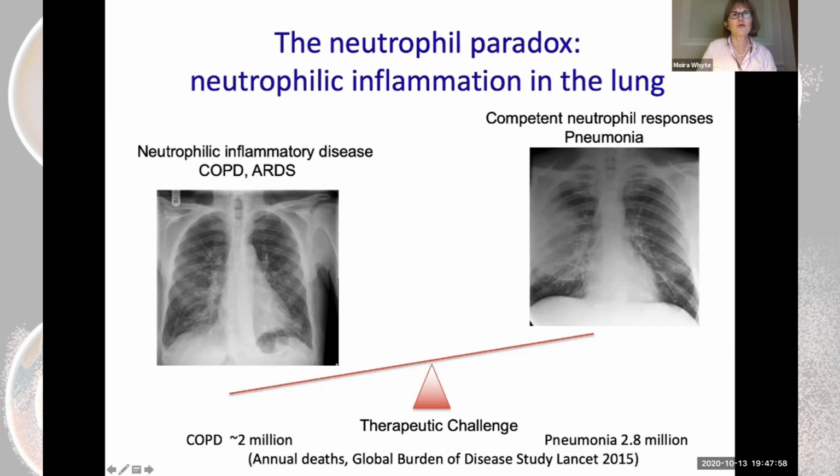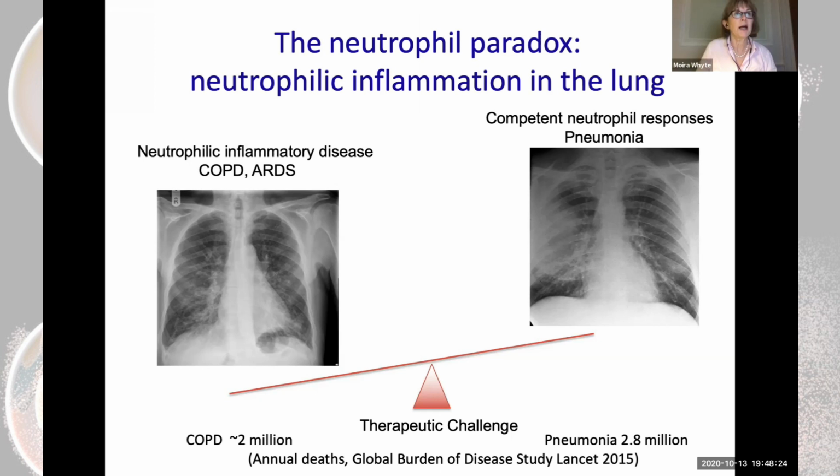And even in the pre-antibiotic era, patients often survived lobar pneumonia because of an effective neutrophilic response. But then on the other side of this balance, we have other numerically really important diseases like COPD and acute respiratory failure, such as you see on ICU, that are neutrophil-driven diseases.